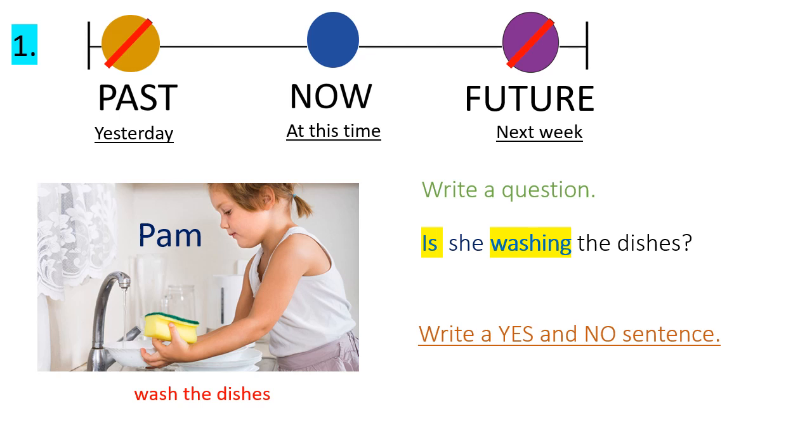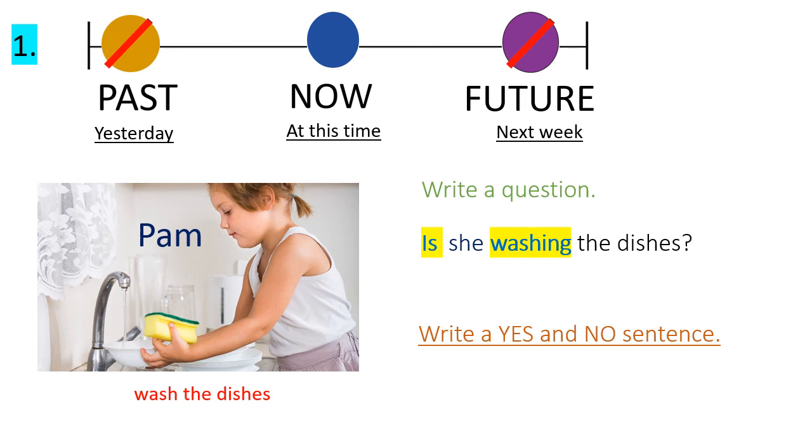So look at this picture here. So we have a different timeline here. So on the timeline, I see that past, yesterday is one example of the past, is crossed out. I see a red line here. So I know that my question is not talking about the past.